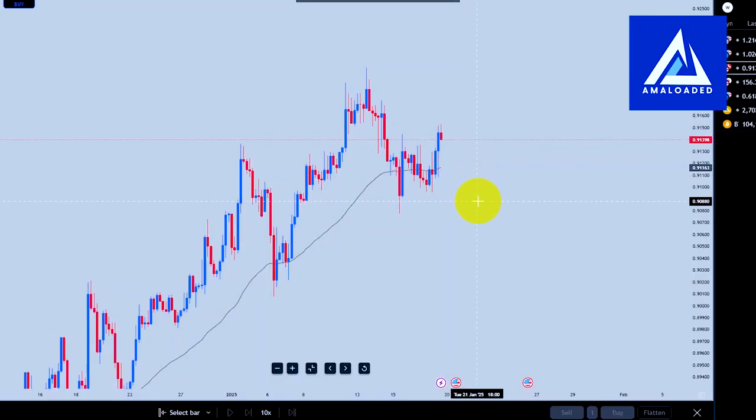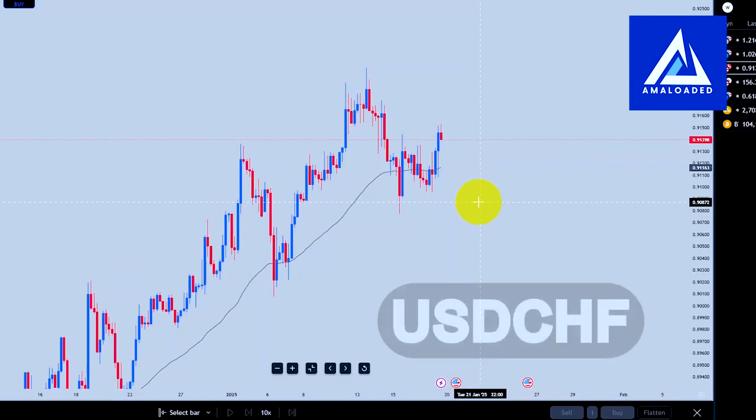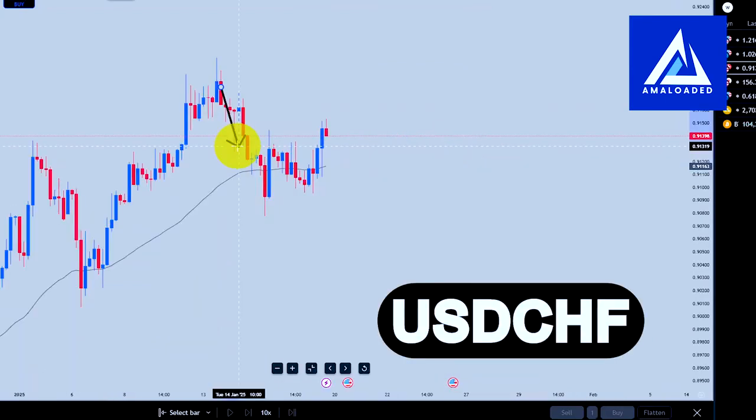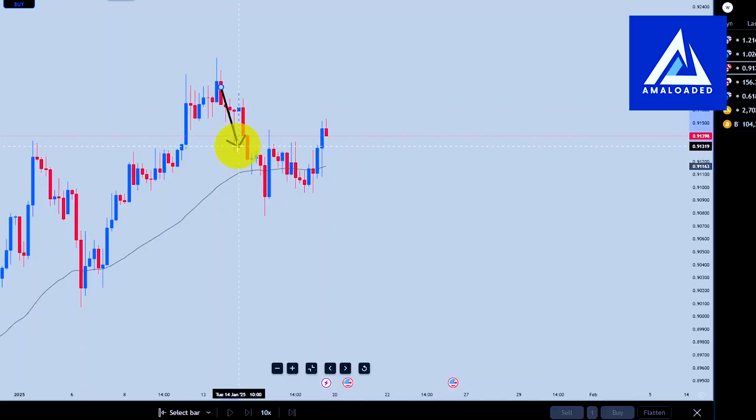Looking at the overall market condition on USD CHF, the current price action shows that the sellers have been taken out of the market. The buyers are now ruling the market. Last week price action sold massively, whereby price action formed a low, lower high, lower low.